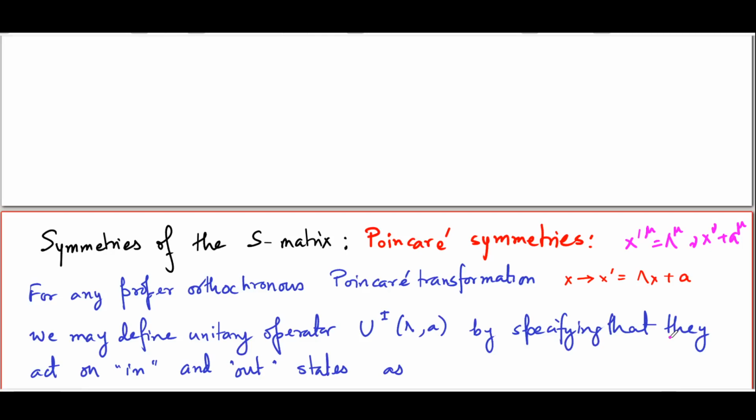On top of this, we should also have U0 (lambda, a) operators which furnish a representation of the Poincare group while acting on states of the corresponding free, non-interacting particles.